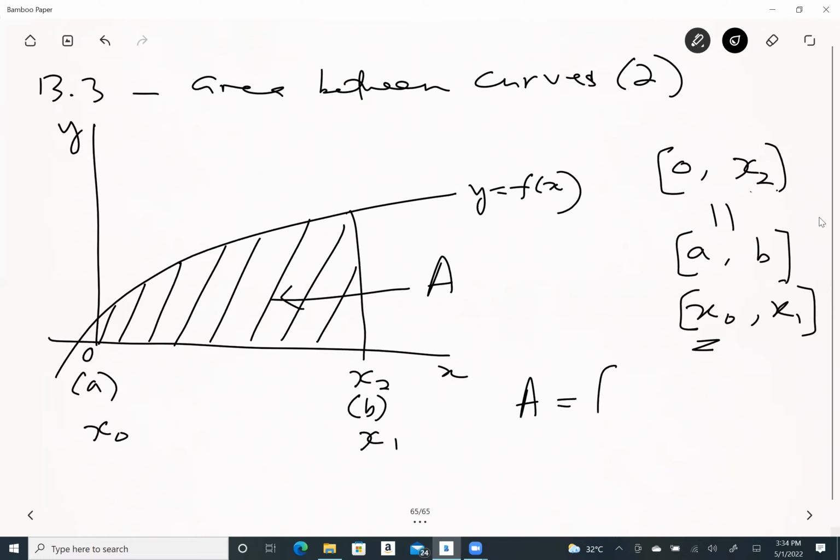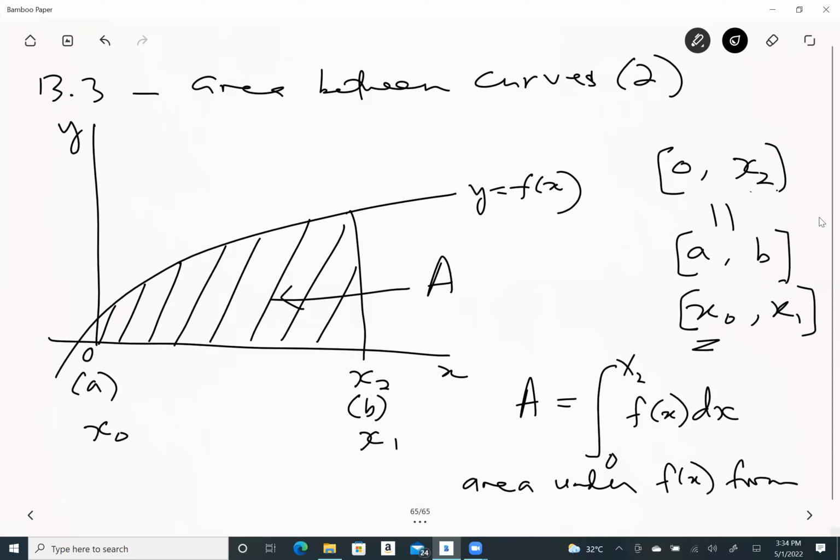So that is the integral from 0 to x2 of f of x dx. In other words, the area under f of x over the interval 0, x2. So that is area A.